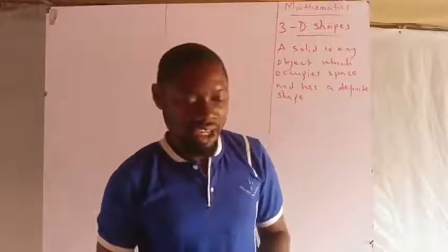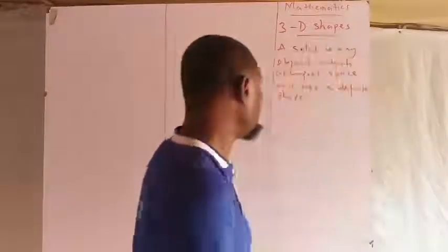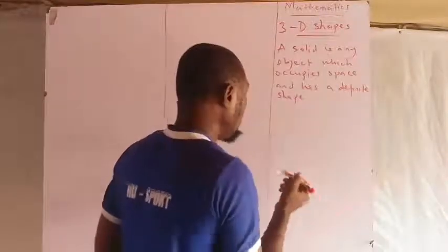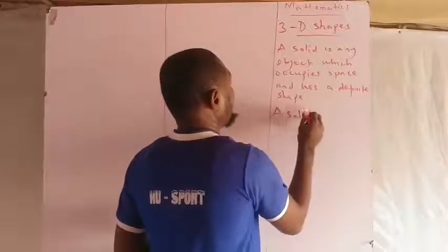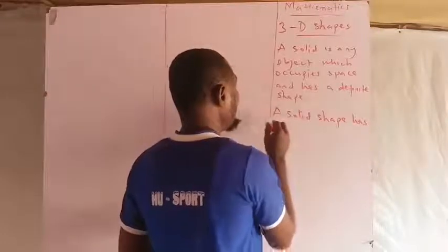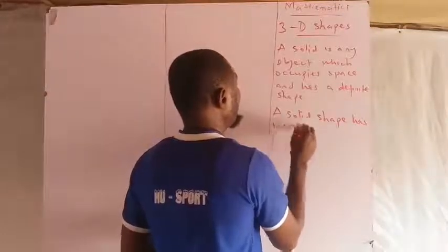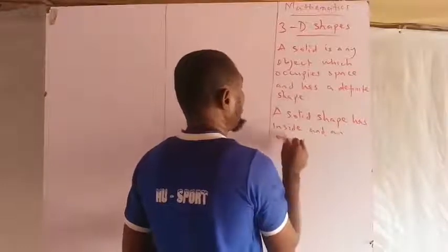Examples of solid shapes are cube. First, a solid shape has inside and outside.